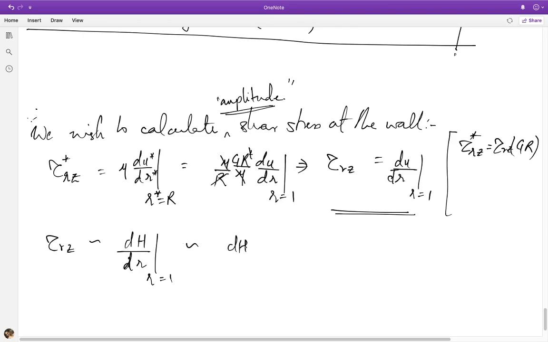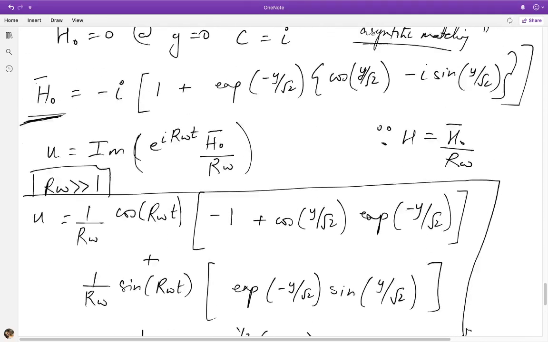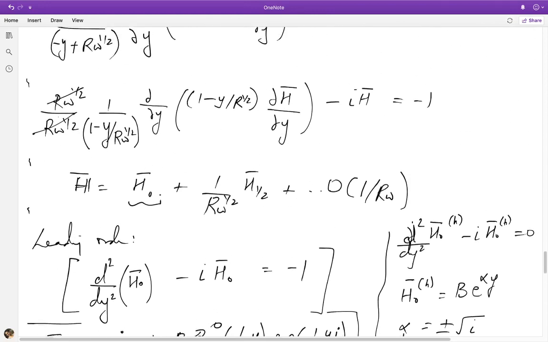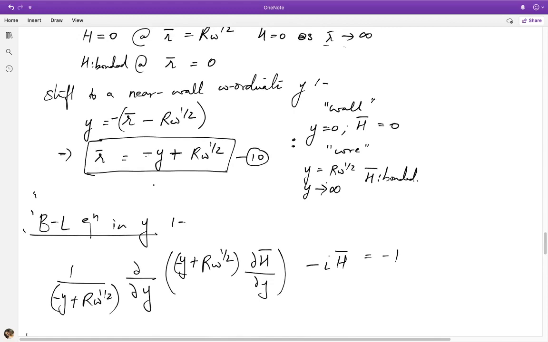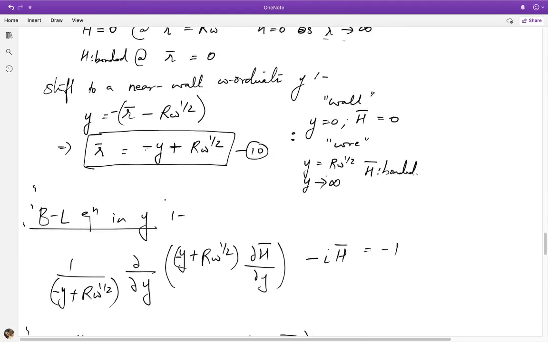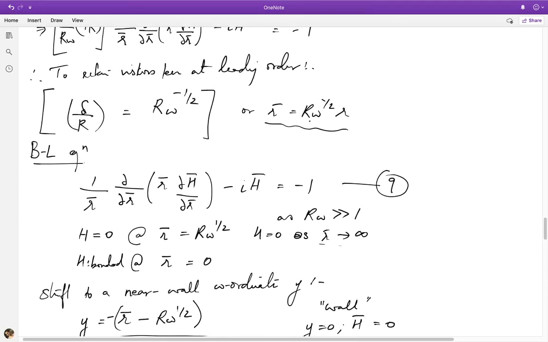So this term can be written as dH bar over Rw times dr. But then, if I want to write this in a form that I can use to compute the stress from the boundary layer equation, or the equation for H bar naught, remember that I had transformed the r coordinate to r bar and eventually to Y. And so the relationship between the two has a 1 over Rw to the half factor right here.